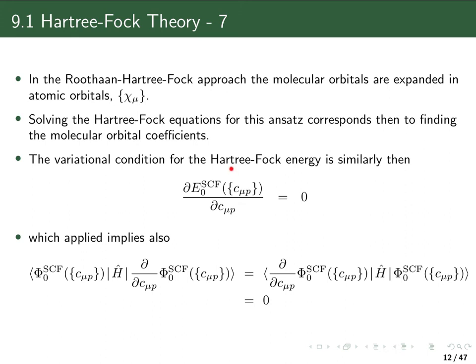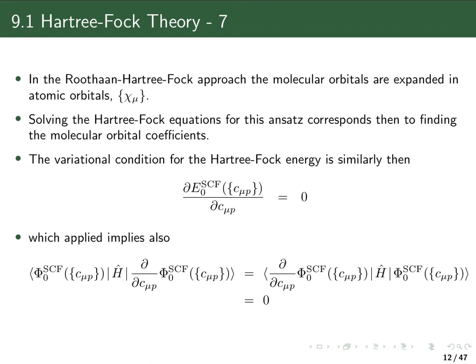And the variational condition which can be used to derive the Roothaan-Hall equations is that the Hartree-Fock energy is a stationary point with respect to variations in the molecular orbital coefficients. So I can derive them by saying that the derivative of the Hartree-Fock energy with respect to all the molecular orbital coefficients has to be 0.